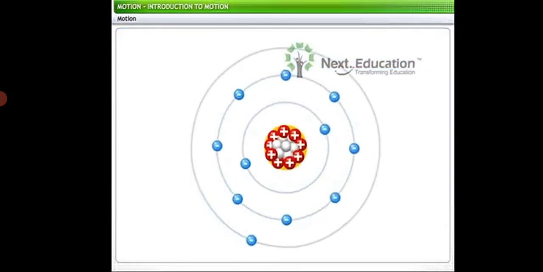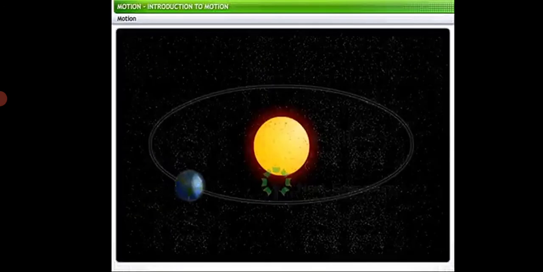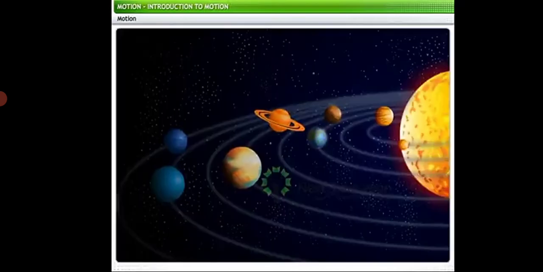Tiny particles such as atoms and molecules and heavenly bodies such as planets, stars, and galaxies are all in motion. For example, Earth rotates around its own axis and revolves around the Sun in an orbit.